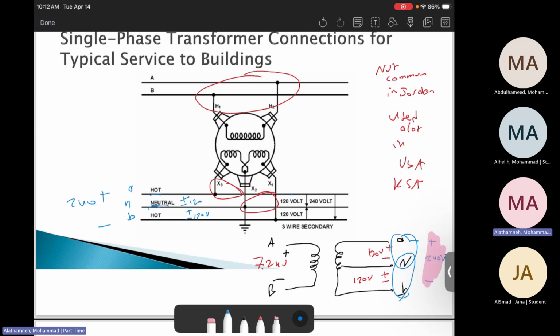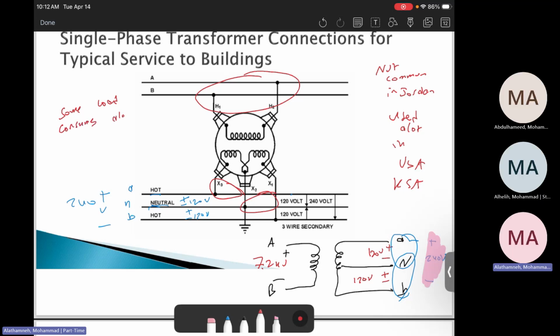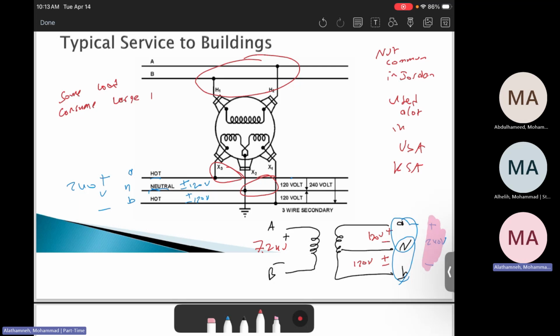The main reason for that is related to the applications, or the load. Some loads consume a large amount of power. And as we know, the power equals V times I conjugate.